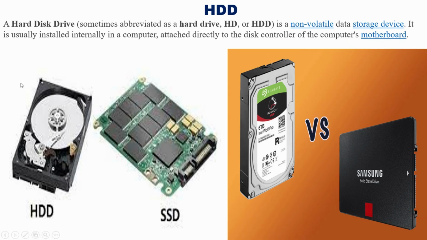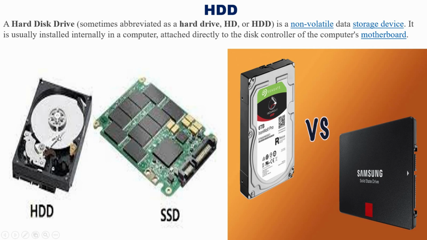Then HDD. A hard disk drive, sometimes abbreviated as hard drive, HD or HDD, is a non-volatile data storage device. It is usually installed internally in a computer, attached directly to the disk controller of the motherboard. These are the 2 types of hard drive. We have HDD and we have SSD.